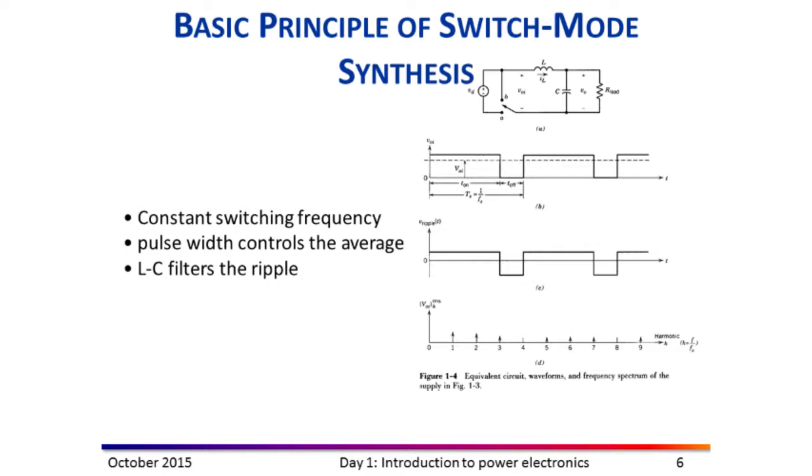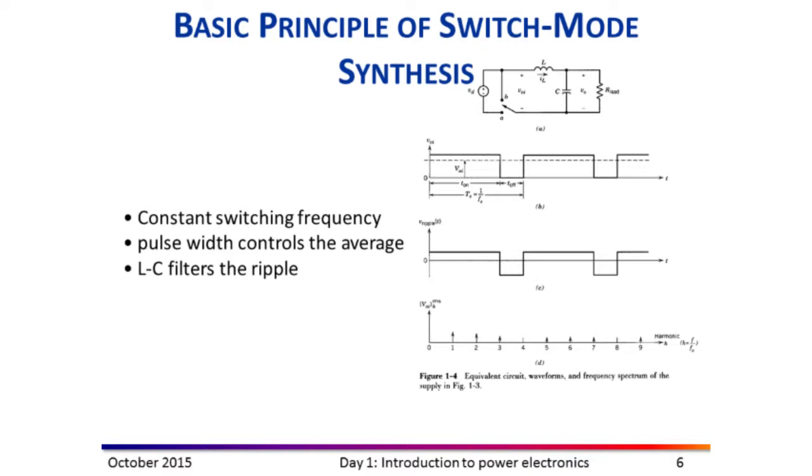Constant switching frequency for the pulse, pulse width control of the average voltage, and also the LC filter. You can send constant pulses to get a specific value if you have constant voltage. But if this voltage is changing, you can still get 5 volts by changing the period of the pulsing.